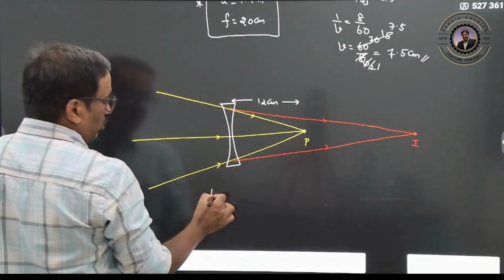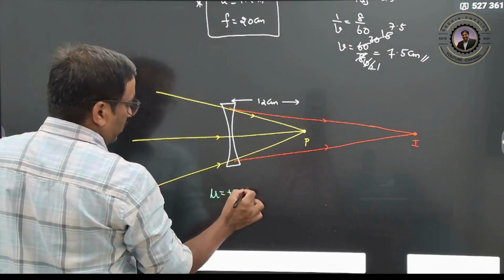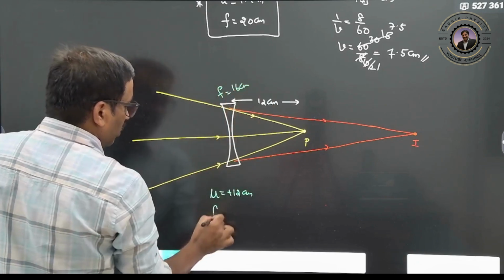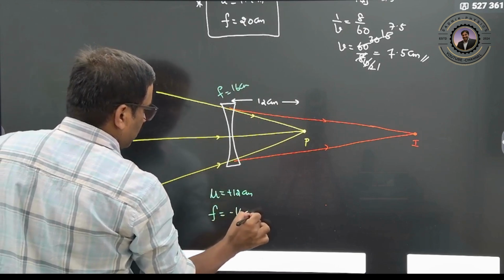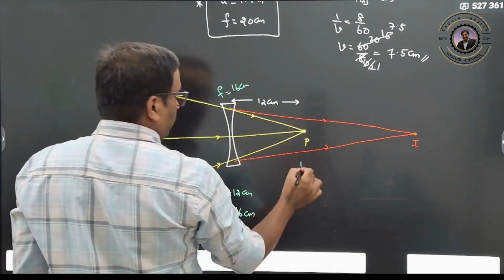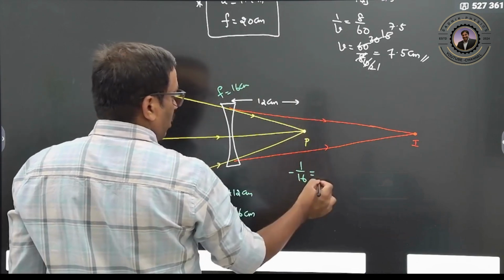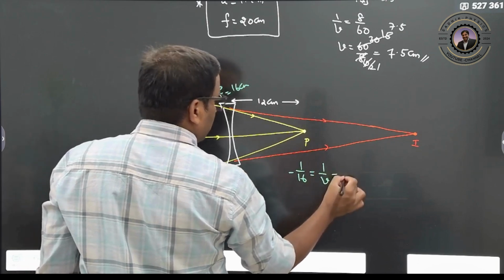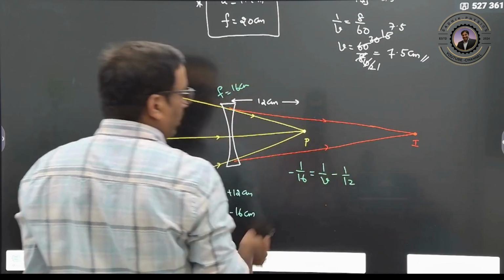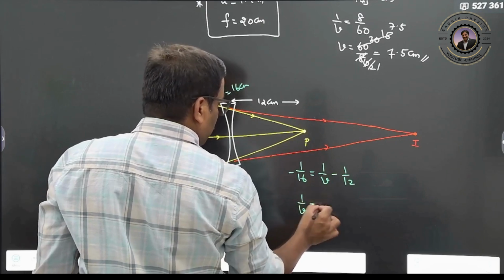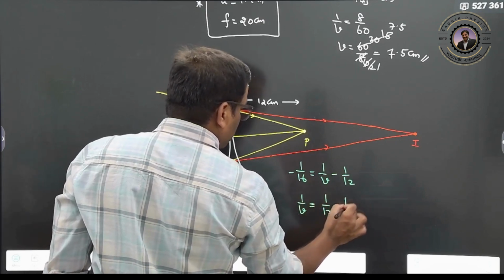Also u is equals to plus 12 centimeter. Focal length is given as 16 centimeter, so f is minus 16 centimeter. So 1 by f, minus 1 by 16, is 1 by v minus 1 by 12. Taken toward this side, 1 by v is equals to 1 by 12 minus 1 by 16.